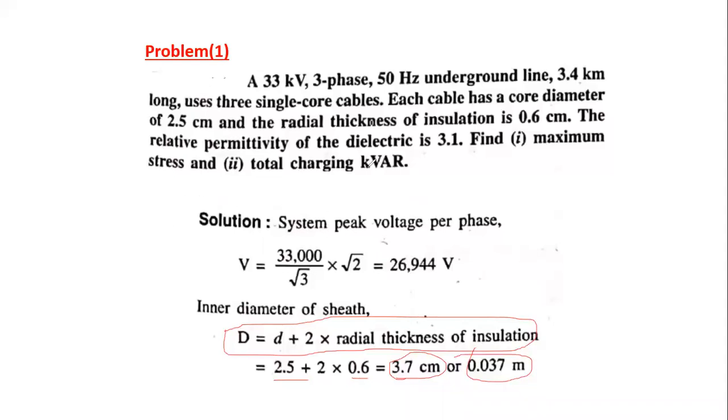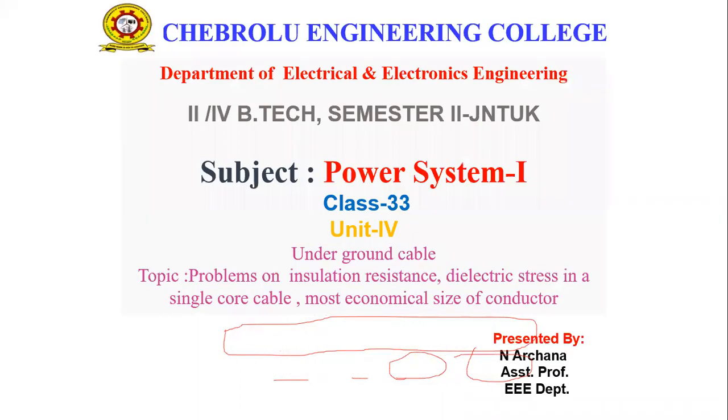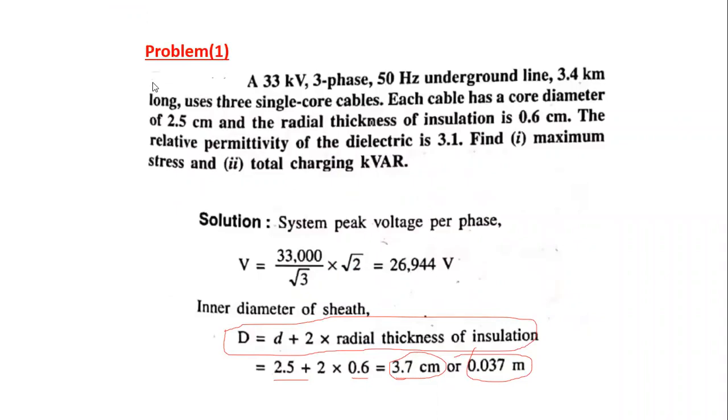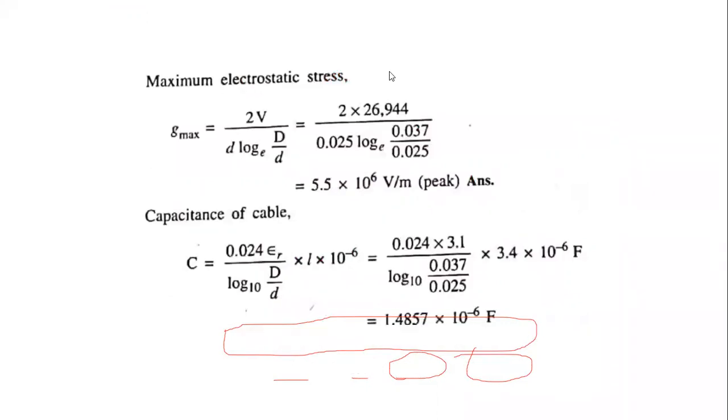Next we calculate the maximum stress and also the total charging kVAR. First, the maximum electrostatic stress. The formula for G max is 2V by d log e capital D by small d.